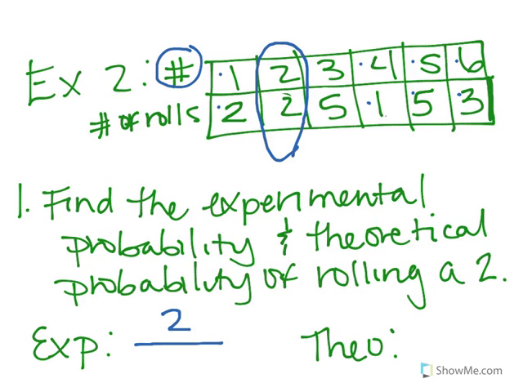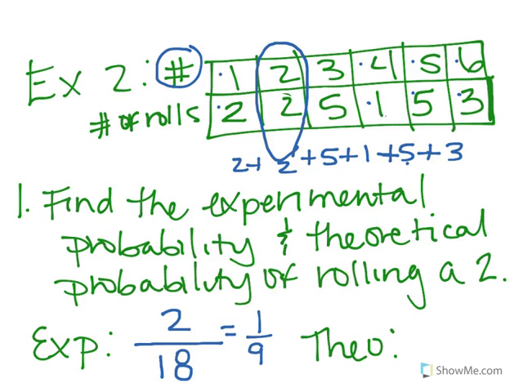So I'm going to add 2 plus 2 plus 5 plus 1 plus 5 plus 3. So 2 plus 2 is 4, plus 5 is 9, plus 1 is 10, plus 5 is 15, plus 3 is 18. So my experimental probability was 2 out of 18 times, and that reduces to 1/9. So my experimental probability is 1/9.